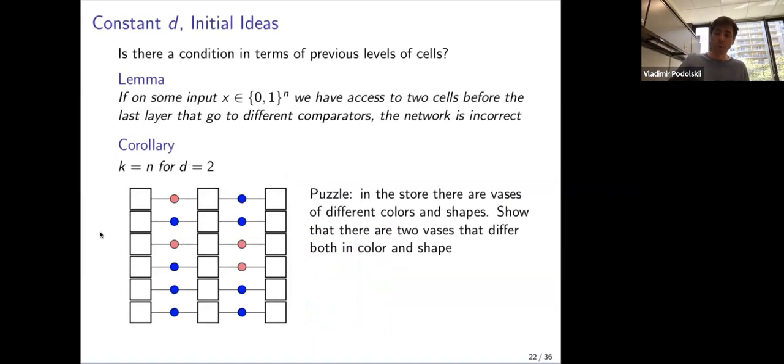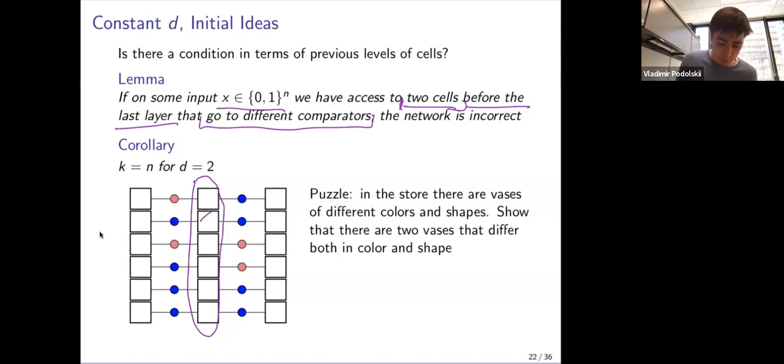We would like to move to the previous layers, and what we can do is the following: if on some input we have access to two cells before the last layer, not just two cells, but two cells that go to different comparators, then the network is incorrect.